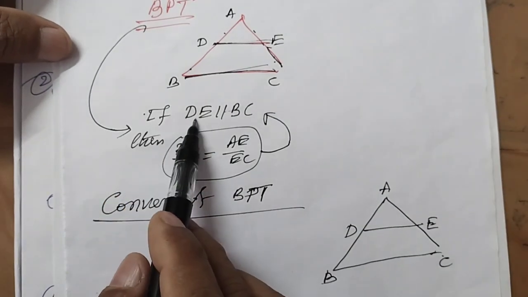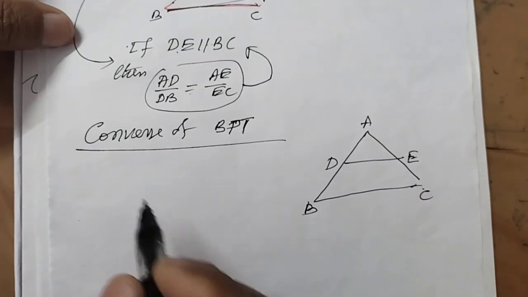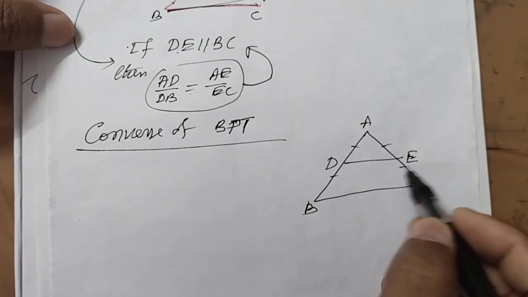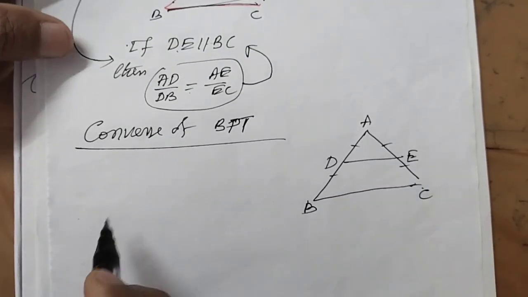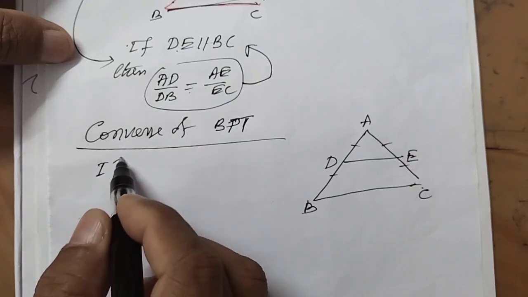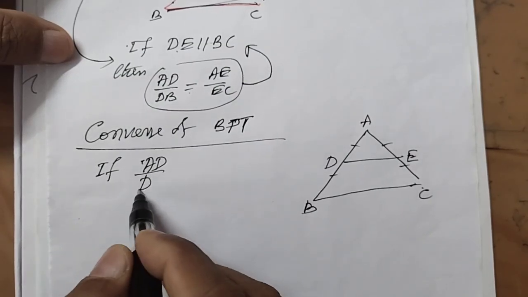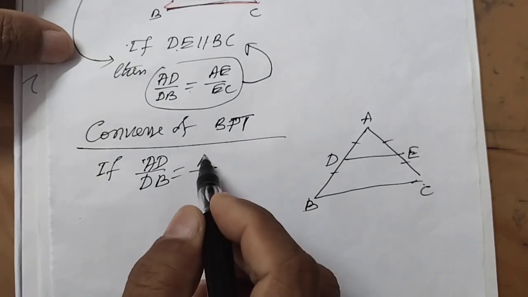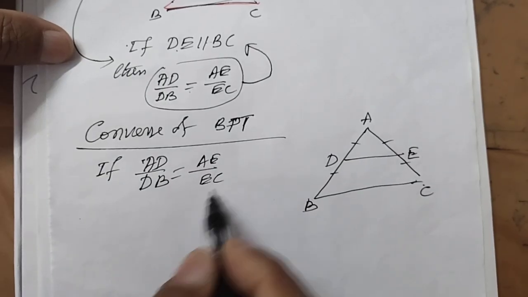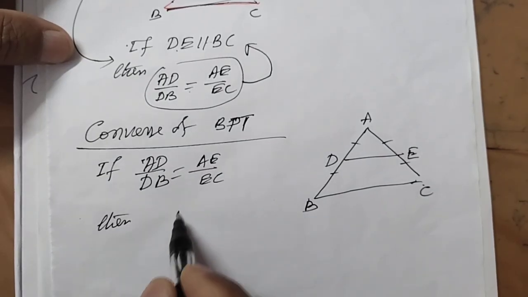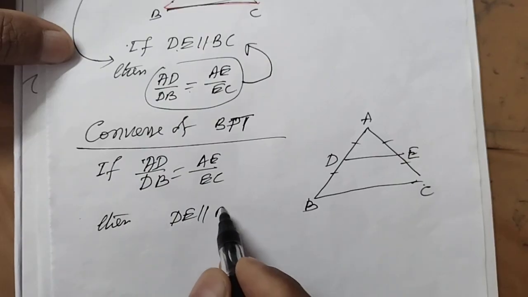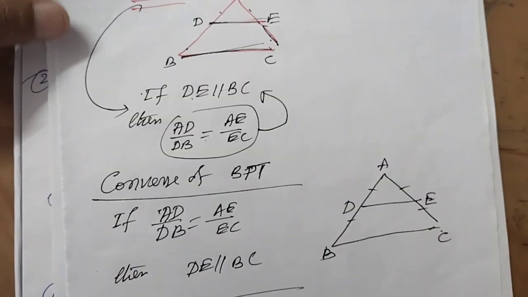BPT is if parallel then ratio equal. Now if ratio equal, upper by lower. You remember it can be written in 3 different forms. So the converse of BPT is: if upper by lower, AD by DB is equal to AE by EC, then DE is parallel to BC.